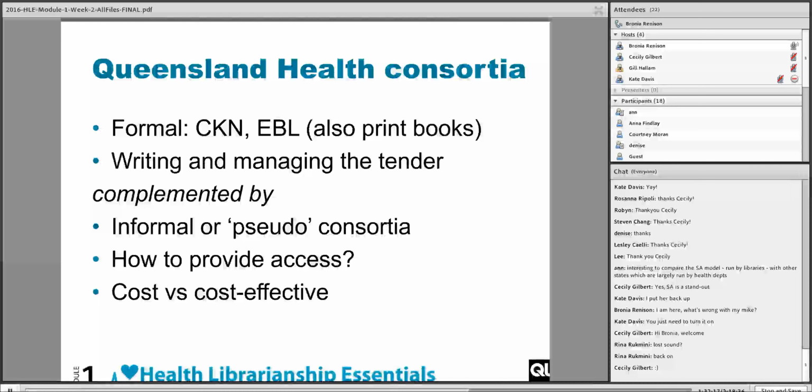The librarians who interact with clinicians on a daily basis know which titles are in demand. If these staff are not involved in the selection of resources, you can find yourself in an indefensible place. There's two examples of that.